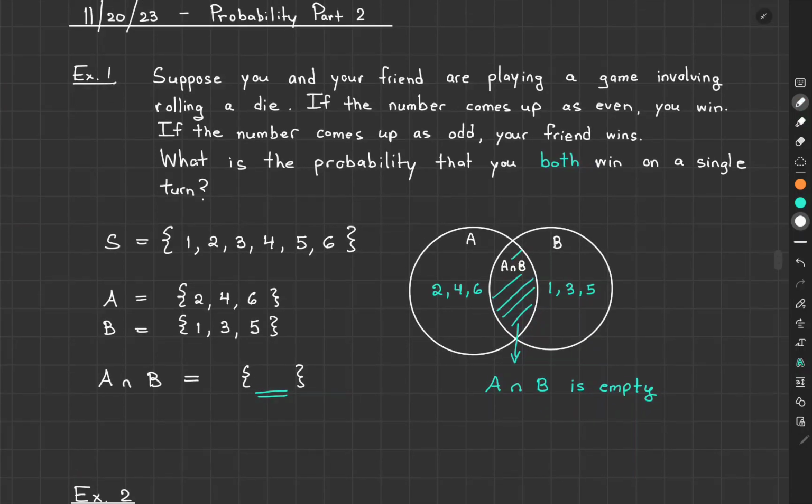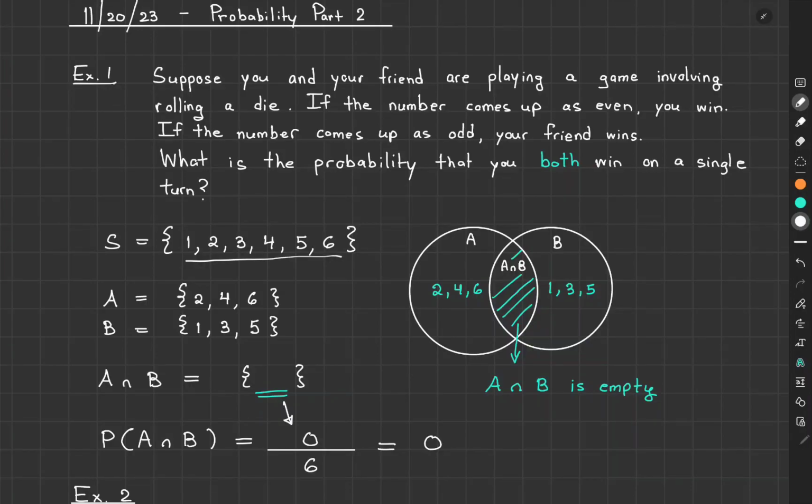Okay, so if I have to calculate the probability of A intersection B, or A and B, it's the same idea. I would have written on top the number of elements within this list, but as we can see, clearly it's empty. So it's 0 on top, divided by the total number of elements in your sample space, which are 6. So this is 0 over 6, which is 0.